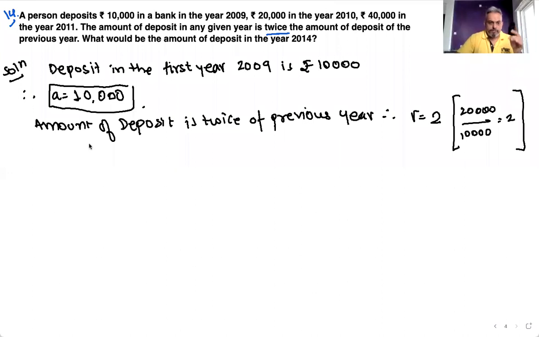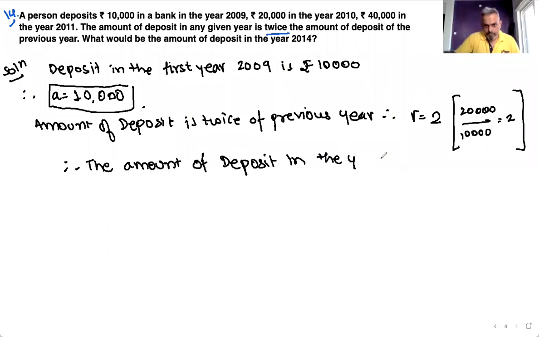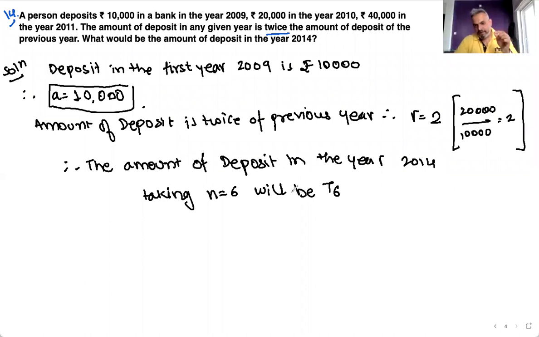So therefore, the amount of deposit in the year 2014, taking n is equal to 6, will be T6. So 6 कैसा आया?